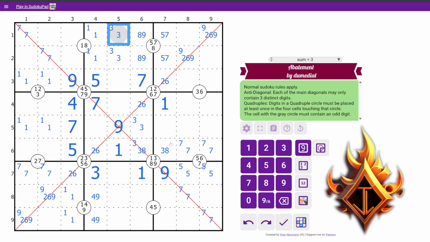This has to be a 3. It sees 1, 5, 7, 9. 3 is the only odd digit left for that to be. Oh, it could be there. But of course it could be here.